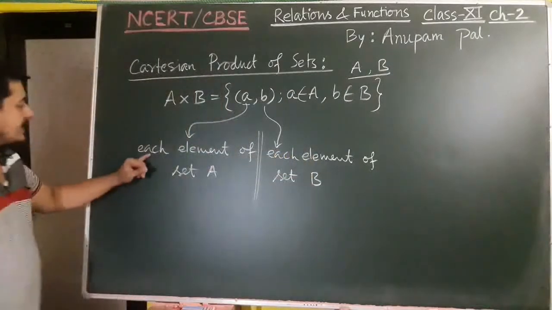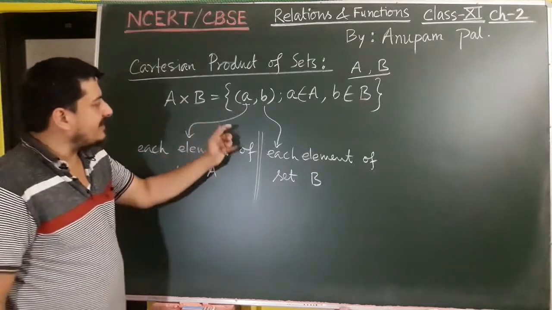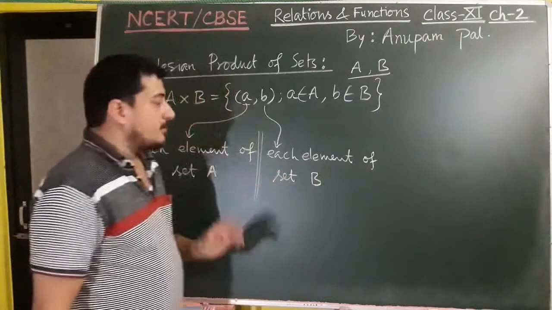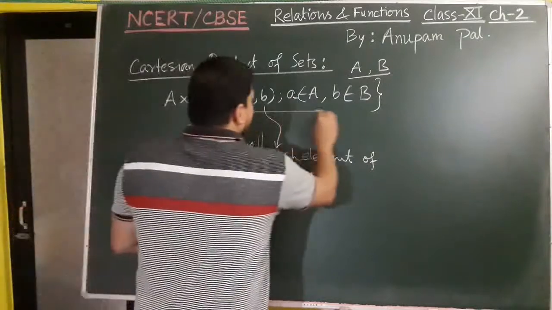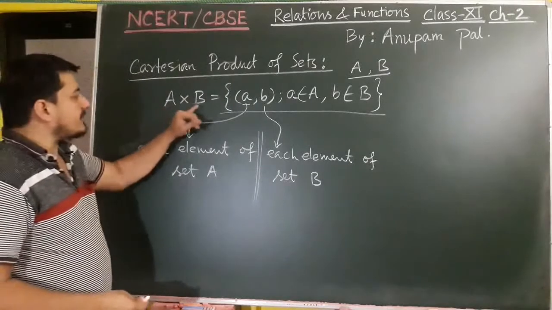So that means each element of set A will make an ordered pair with each element of set B. That is how you get the Cartesian product or cross product of two sets.